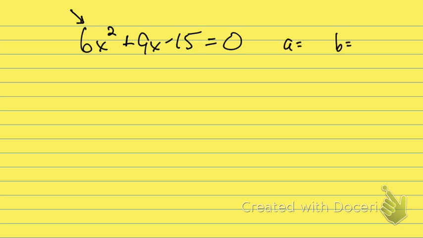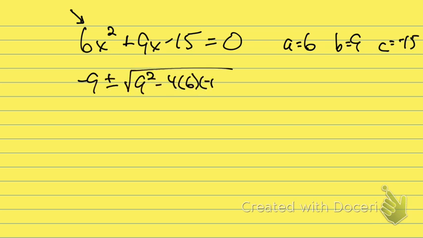You're going to get A, B, and C. And do it to it. Let's go. Here we go. The formula is, well, let's write these down. A, B, C. Negative B plus or minus the square root B squared minus 4AC over 2A.